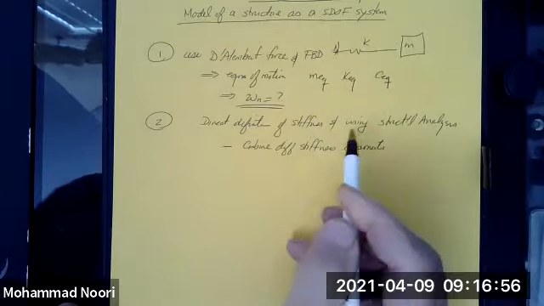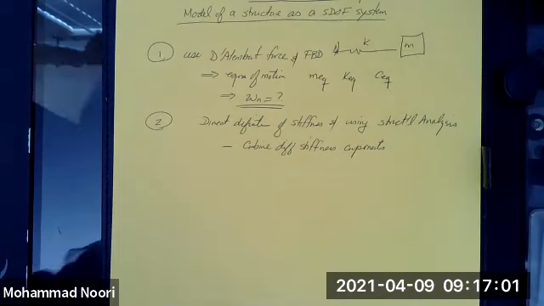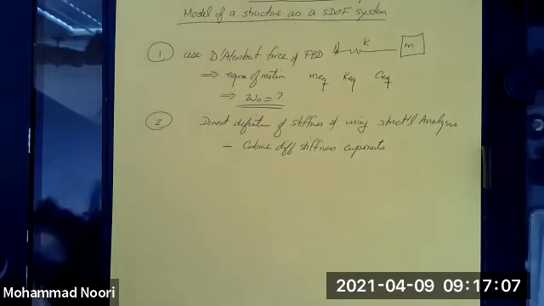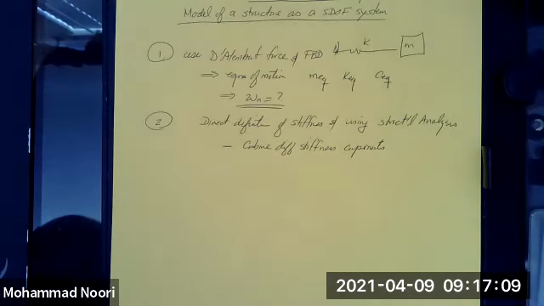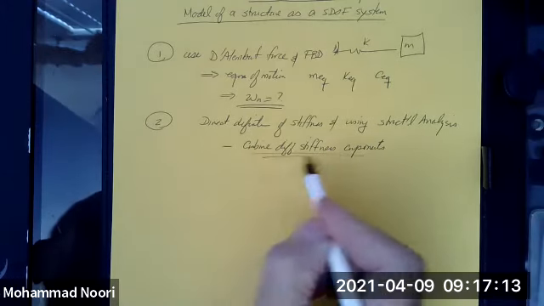In this approach, you have different components to a system, so you need to combine these stiffness components. And usually identifying the stiffness or modeling the stiffness is the most difficult part of the problem.